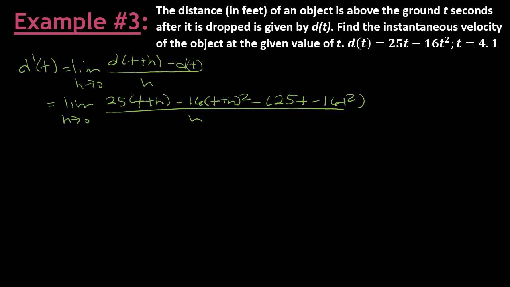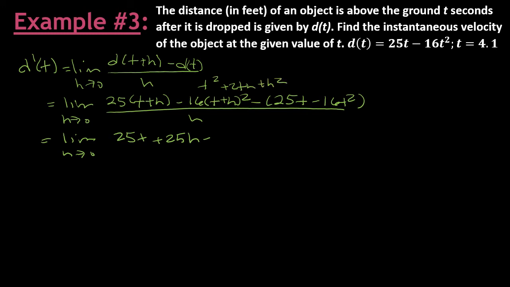All right, so some of you are better off just to hit pause and to do the math on your own. Some of you like to follow along with me. However you want to do it, I don't really care. So 25t, just to distribute the 25, plus 25h minus, remember this is going to be t squared plus 2th plus h squared.